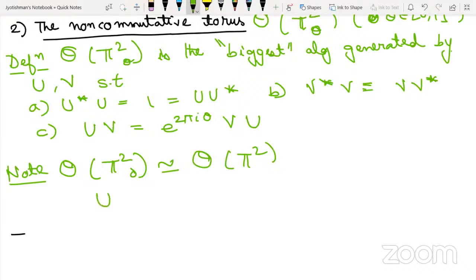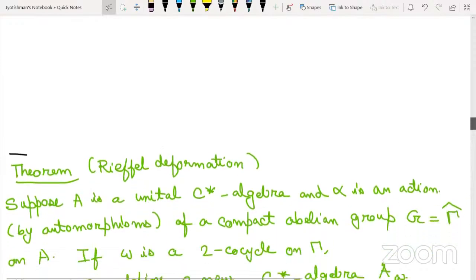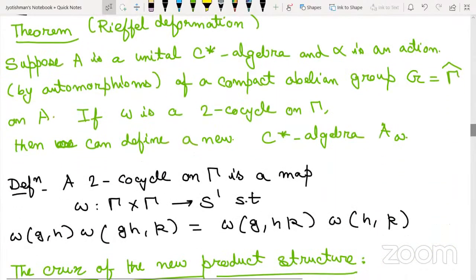The isomorphism is just given by U maps to Z1 and V maps to Z2. So this is one example where I am getting a new non-commutative ring by twisting the defining relations of my classical ring.